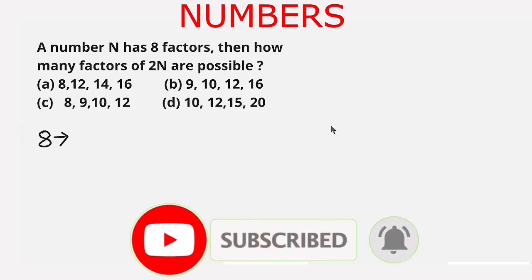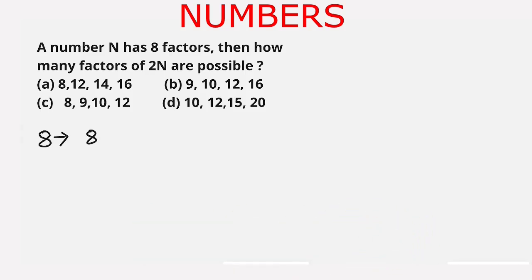8 can have factors like 8 multiplied by 1, or 4 multiplied by 2, or 2 multiplied by 2 multiplied by 2. So we can get 8 if it is 8 multiplied by 1, or 4 multiplied by 2, or 2 multiplied by 2 multiplied by 2.